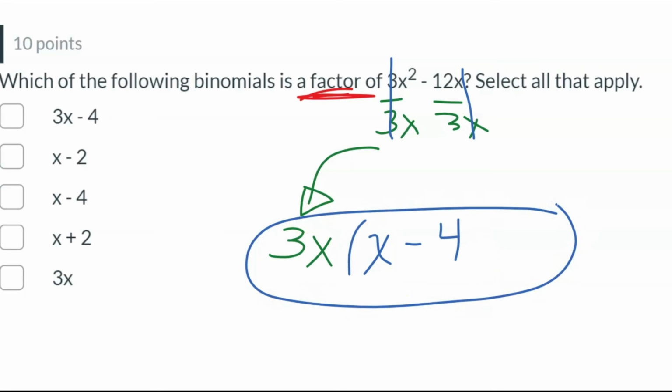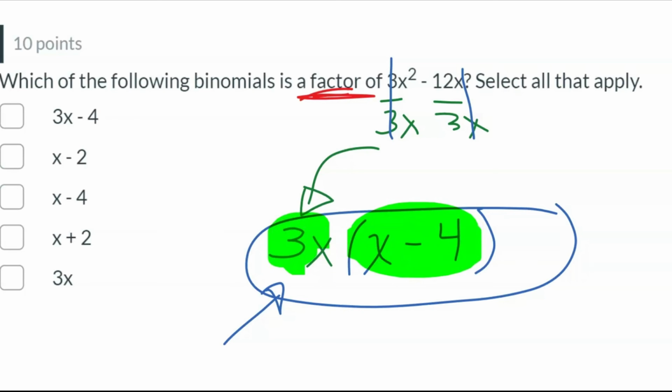Once I divide it out, I found the GCF and I divided it out. The GCF was 3x. Whatever's left over right there, those are my two factors. So I've got x minus 4 and I've got 3x. Okay, so 3x and x minus 4.